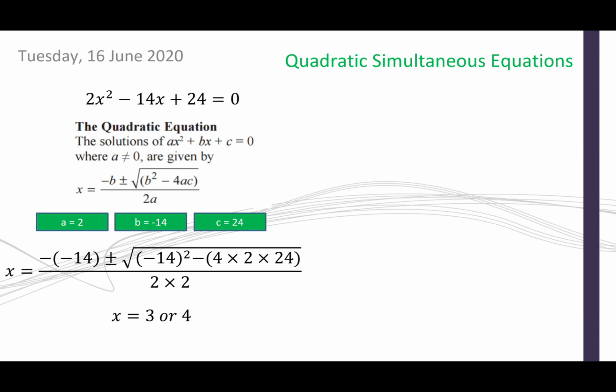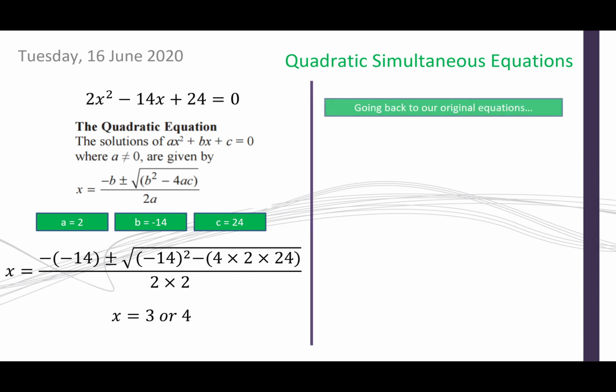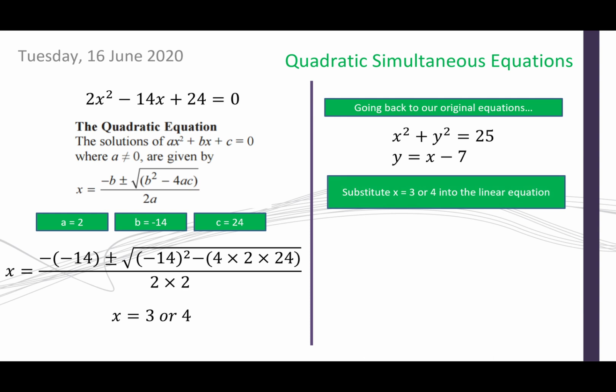Now, once we find our values for x, we need to find our corresponding values for y. So we go back to our original equations, and we substitute our values for x into our linear equation to find y. So I now know that x is equal to 3.